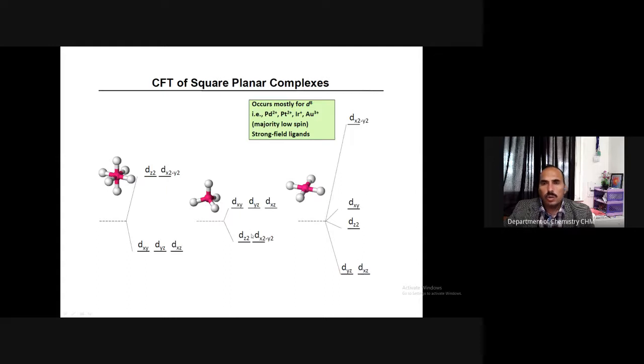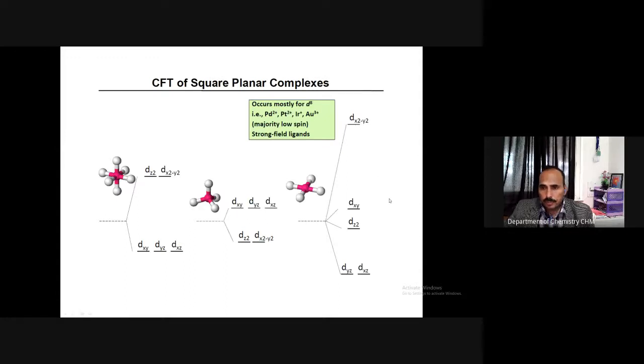geometry. Right. So now all the three geometries that we have understood: octahedral, where the T2g and Eg sets are being formed; then we have tetrahedral, in which the E and T2 sets are being formed. Here it is delta O, here it is delta T, and here the gap between the lowest energy and the highest energy is basically the delta SP, that is, the crystal field splitting in the square planar geometry, right?